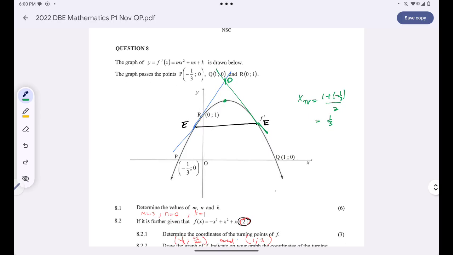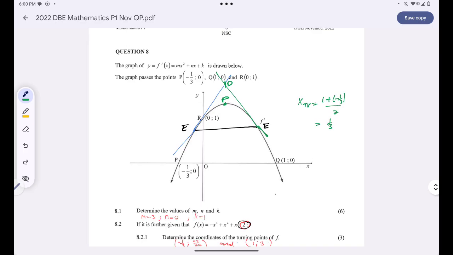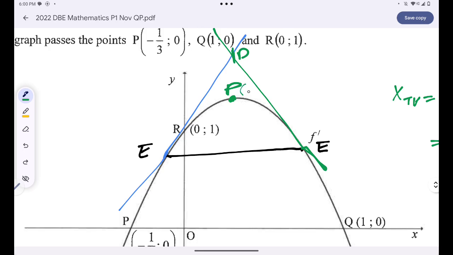Let's say this is point P. My equation of the turning point, I have negative 3 times the x value, which is just 1 over 3, squared, plus 2 times 1 over 3 plus 1. So the corresponding y value over here, guys, when the x value is 1 over 3, is 4 over 3.